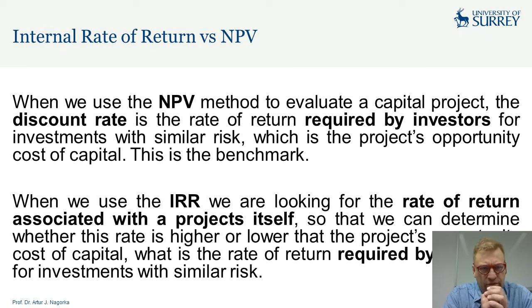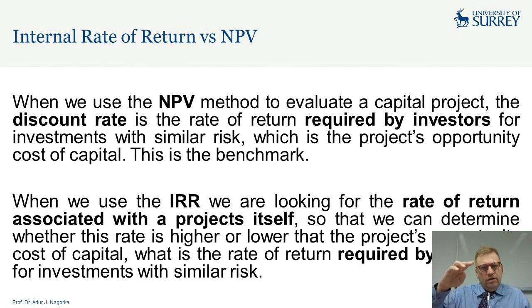So when we use the NPV method to evaluate a capital project, the discount rate is the rate of return required by investors for investment with similar risk, which is the project's opportunity cost of capital. This is a benchmark. Okay?